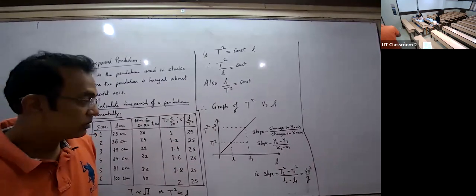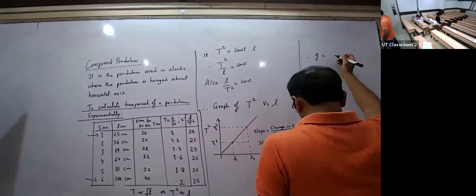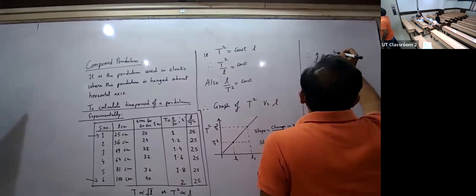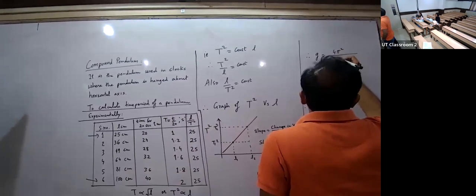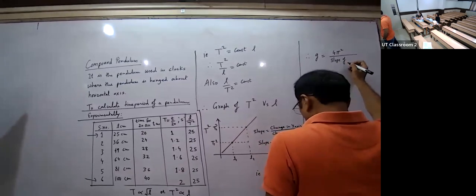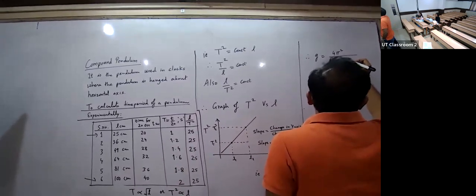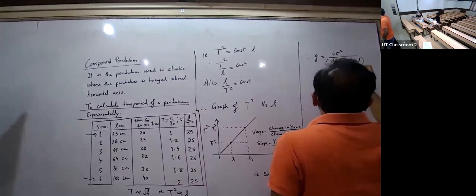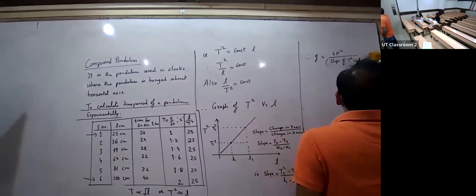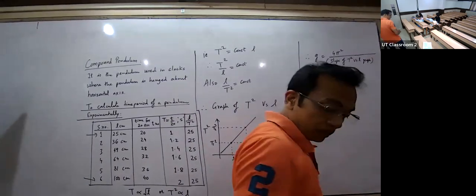So how do we get g therefore? Therefore, g is equal to 4 pi square divided by slope of T square versus L graph. Am I right? Is it correct?